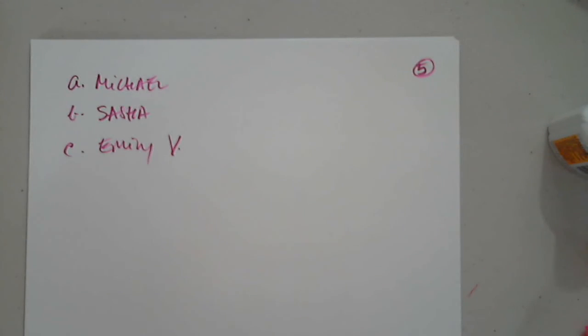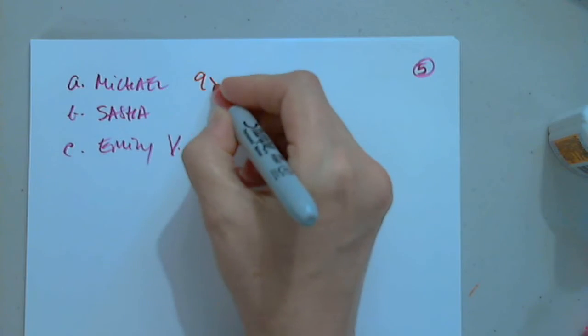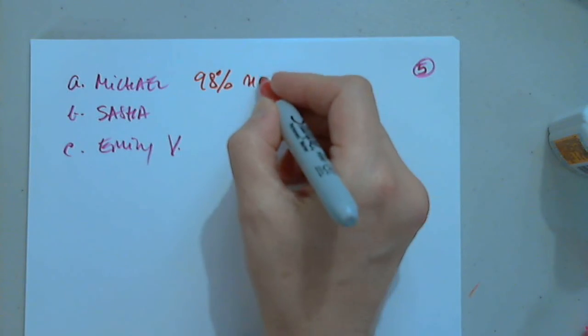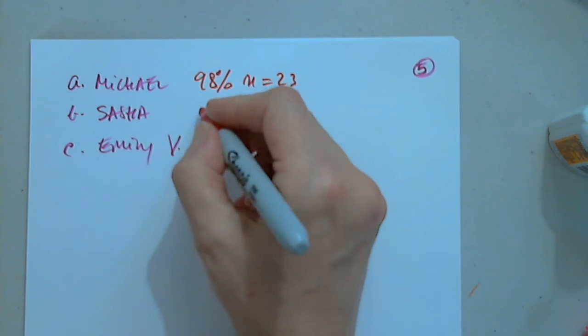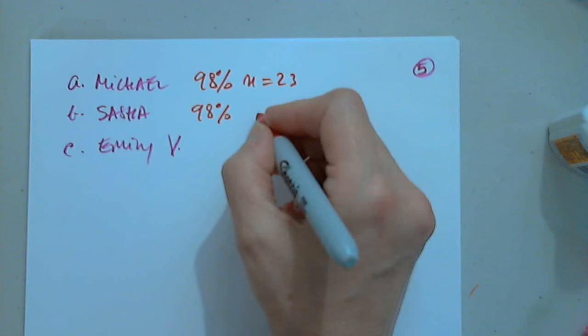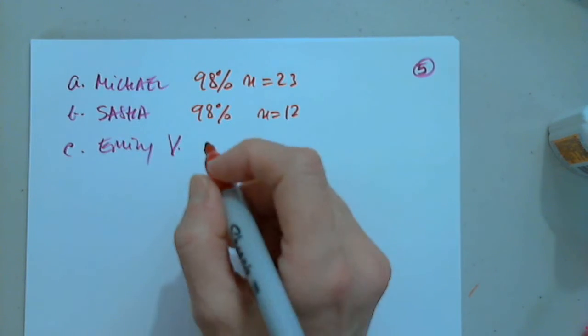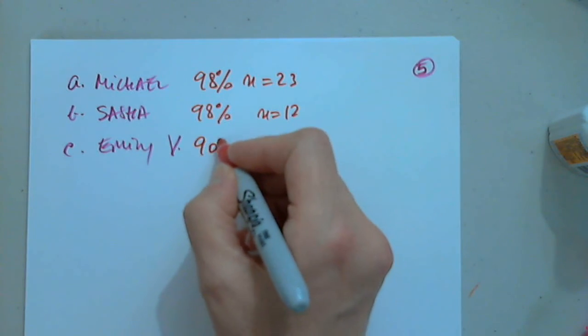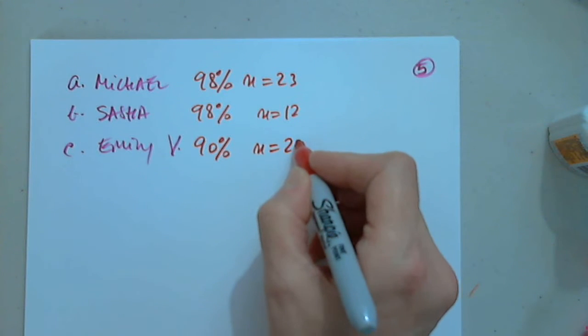So the first one is 98% with 23. The next one is 98% with 12. And the last one is 90% with 23.